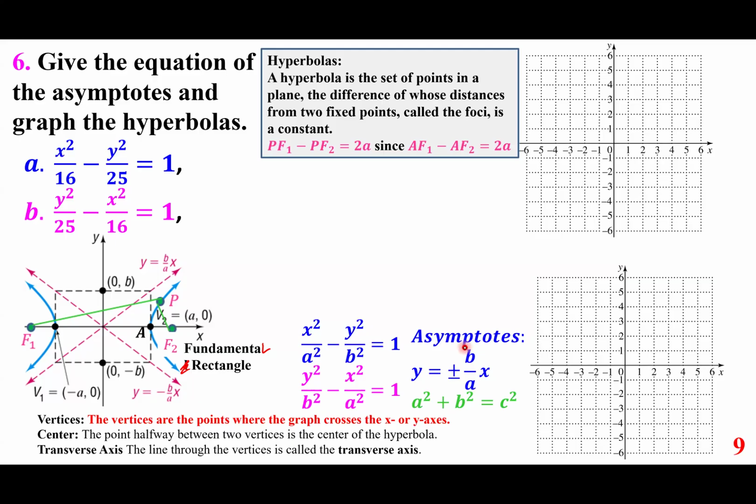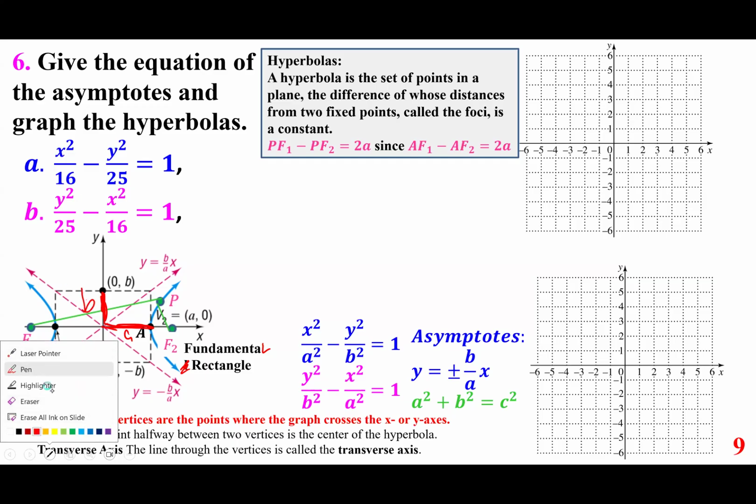Now, the Pythagorean theorem works out here also. Please understand that this distance is a, this distance is a, this distance is b. Now, the distance from the center to F2 or F1 doesn't matter.